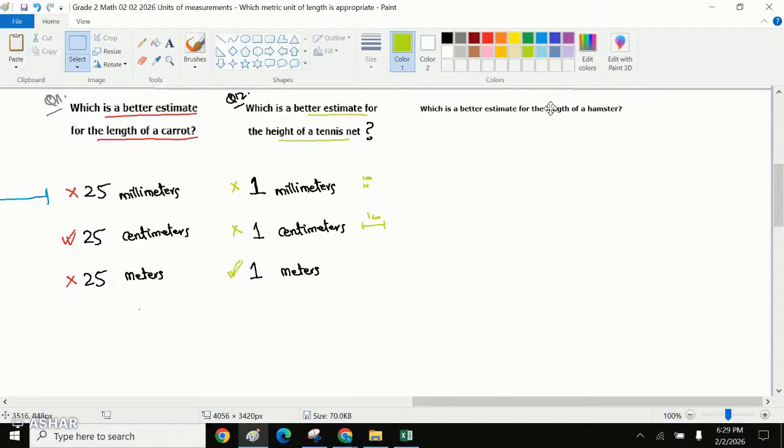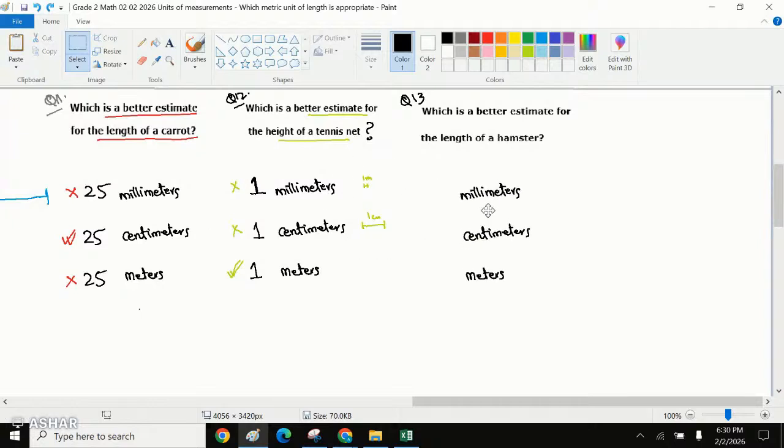If this was the question given to us, question number 13, it says millimeters, centimeters, and meters. No Precious, a tennis net cannot be 1 centimeter. It has to be meters.